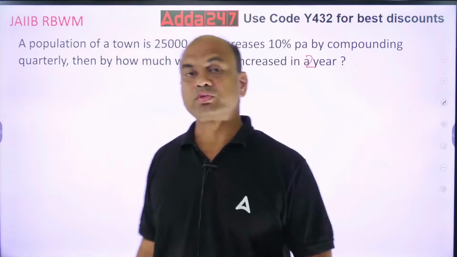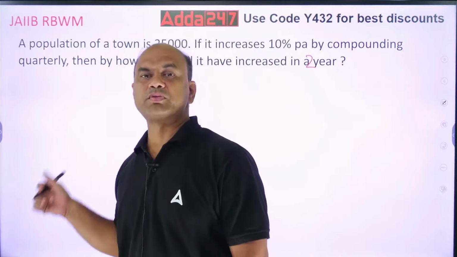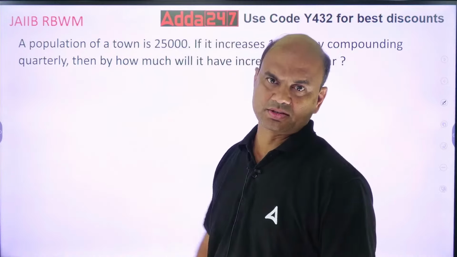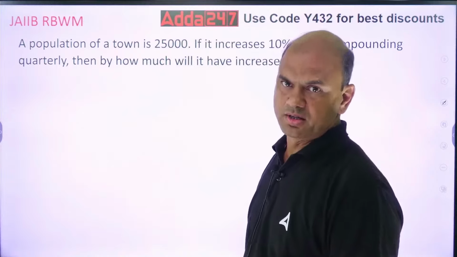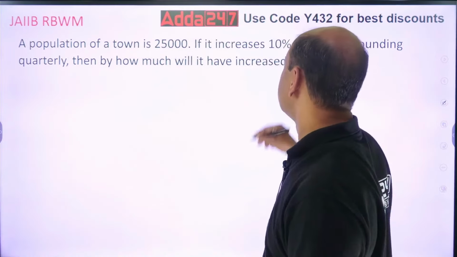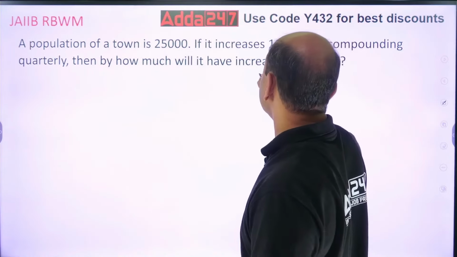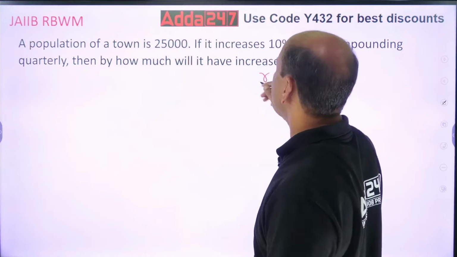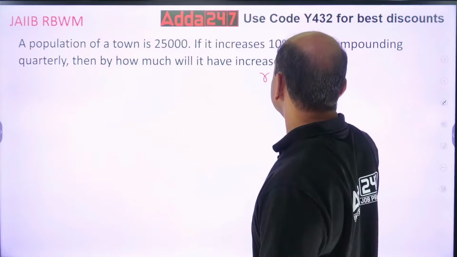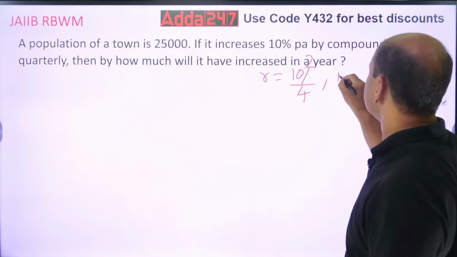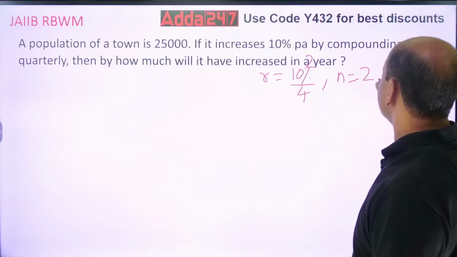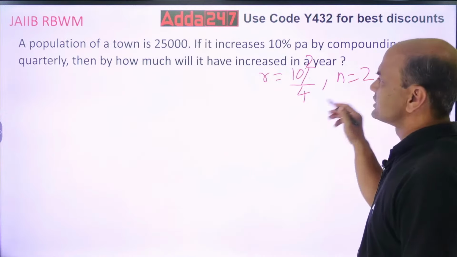If it compounds quarterly, then how much will it be after 2 years? Quarterly means R equals whatever is given, 10% upon 4, and N equals 2 years into 4. This is what you have to remember.